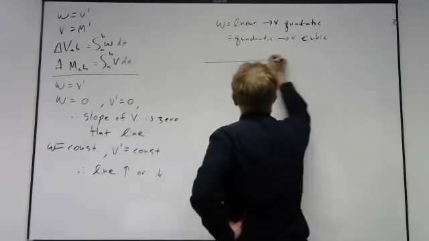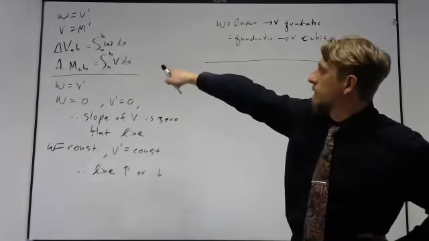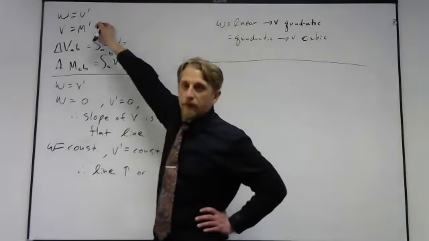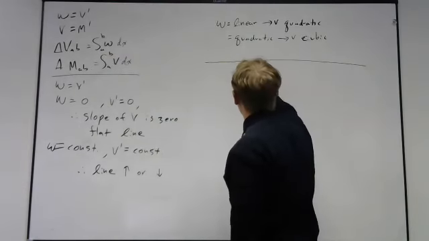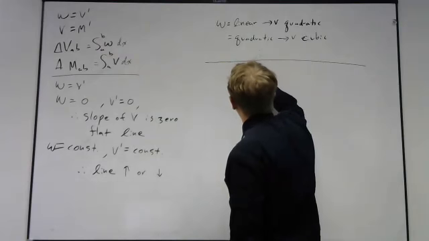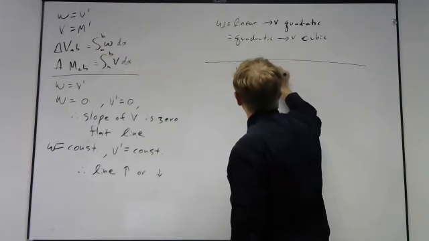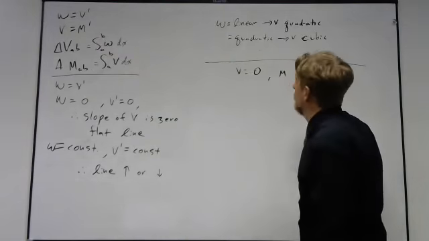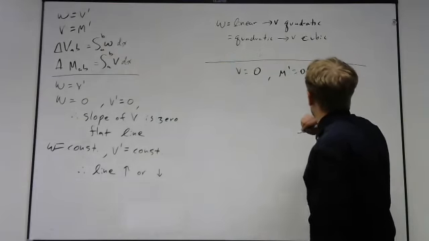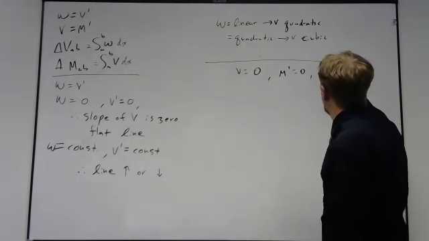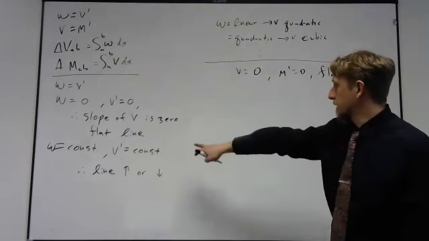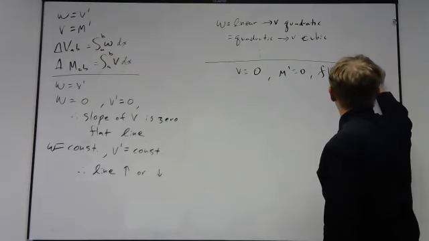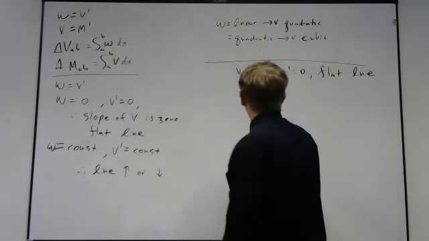Likewise, you can do the same thing. This looks very similar. V is M prime. So I can argue that if V is constant, let's say V is 0, then M prime is 0, so it's flat. Let's use the same terminology, flat line.